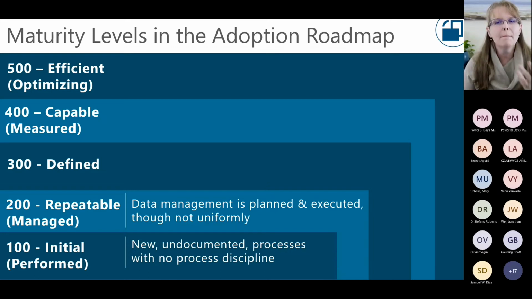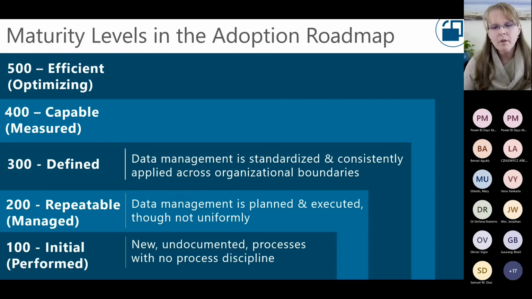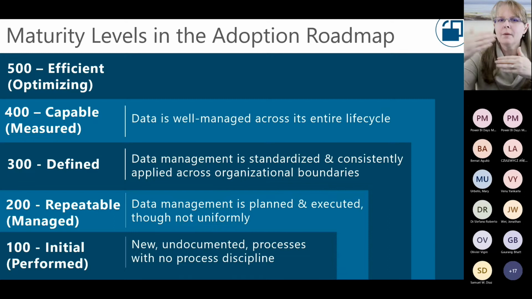By the time we get to 300, this is a big level because now we really have this approved governance plan. We have focus, we have objectives, and we are far more consistent across the entire organization. And we have things like roles and responsibilities defined and so forth. By the time we get to 400, that's when we're starting to do really well with lessons learned.